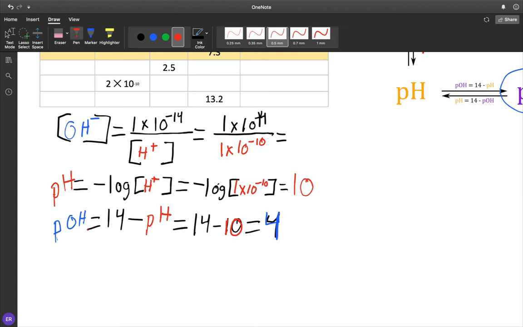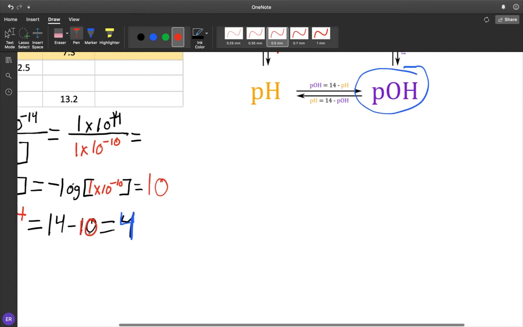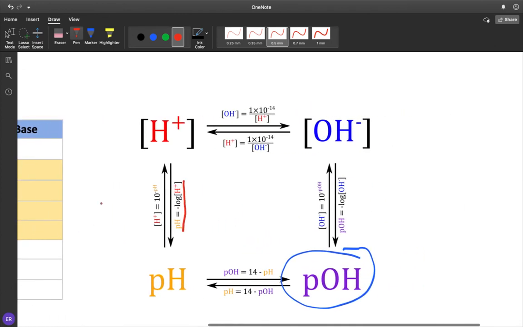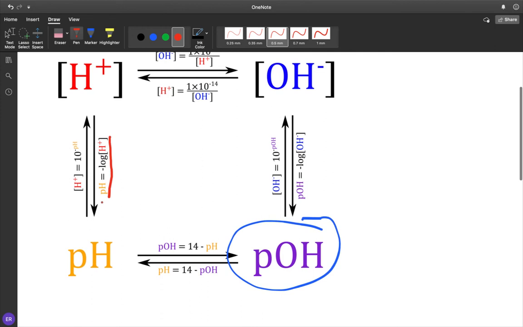Now, if we had the concentration, then if we zoom in and tilt our head really quick, we look at the arrow that goes from OH concentration to pOH. We see that pOH, we find it by taking the negative log of the concentration of OH.